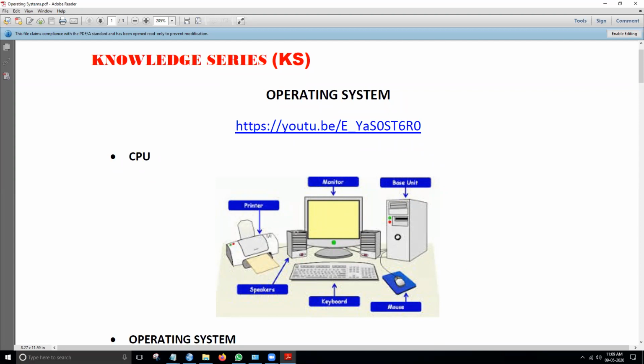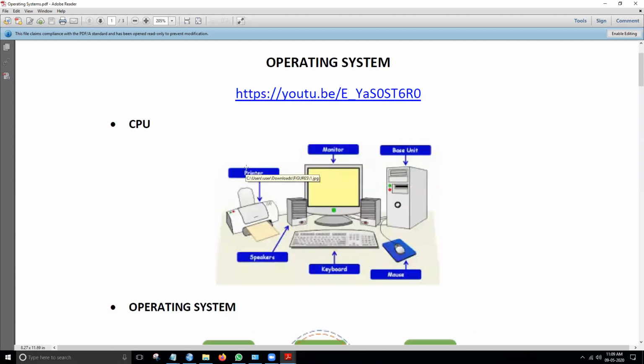Now, coming to the discussion, let me start with the first slide about computer systems. As you all know, the basic operation of a computer system is to gather data. It has to perform certain computations. It has to store the information.